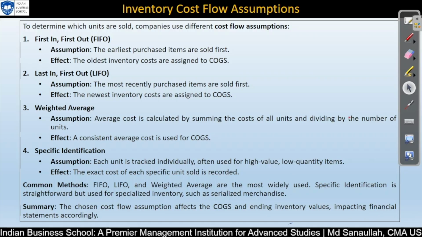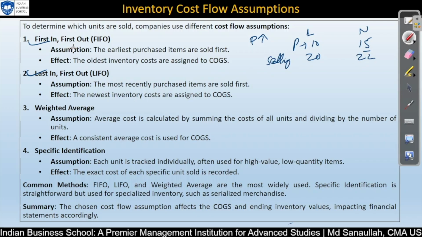There is one example I would like to give that will be helpful with regard to FIFO and LIFO. In case of inflation, suppose your price is increasing. Last year whatever you purchased, the product price was $10. This year what we are purchasing is $15 for the same product. Selling price may be 20, now it is 22.